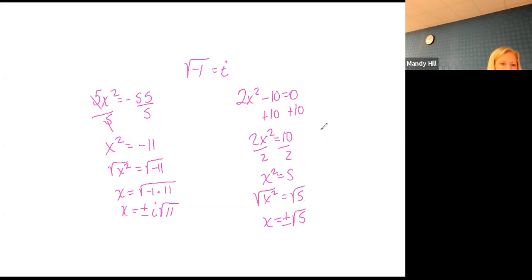Okay, you can also solve a quadratic by looking at the graph. So if you're just given a graph, let's say that our graph, we talked about quadratics and the fact that the way that they look, it's like a U. So if this is my quadratic, and I've got this, this, this.